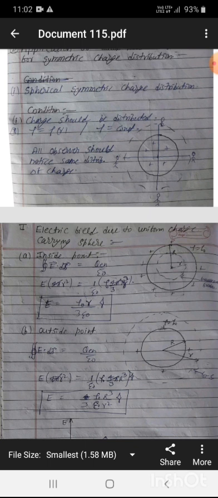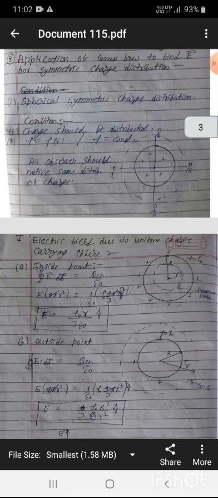If you take a Gaussian surface of radius small r within the sphere of radius capital R, then E into 4 pi r square equal to 1 upon epsilon naught times Q, which can be written as density into volume. So rho naught into 4 by 3 pi r cube. Upon solving, we get E equal to rho naught r by 3 epsilon naught into r cap.